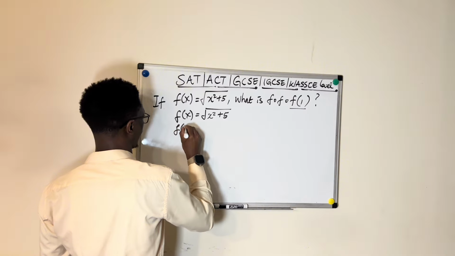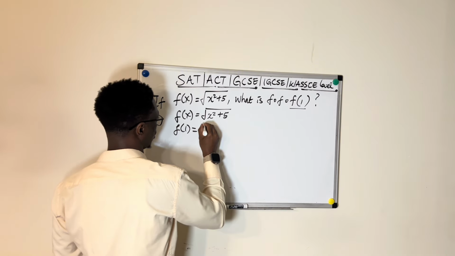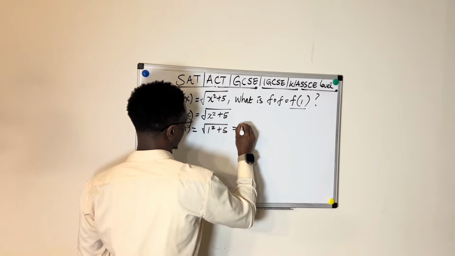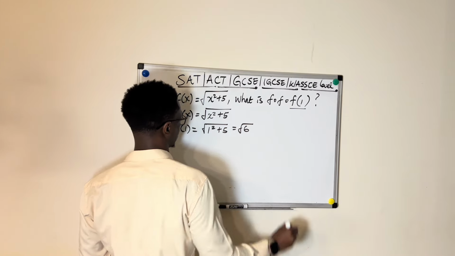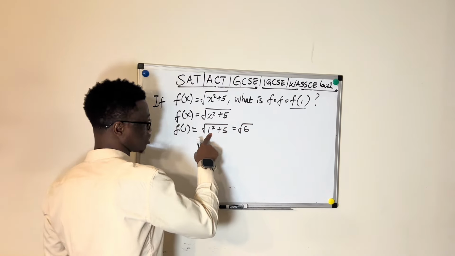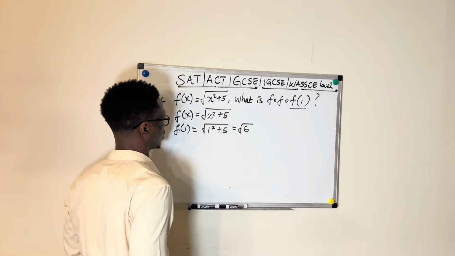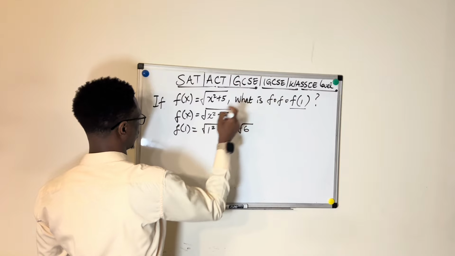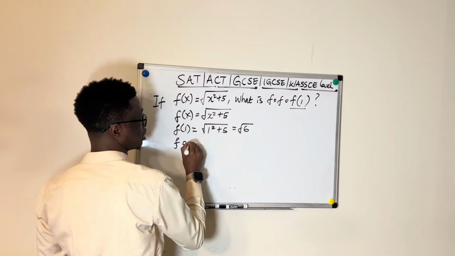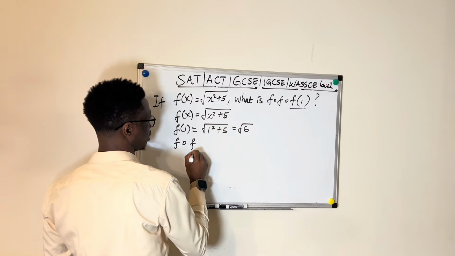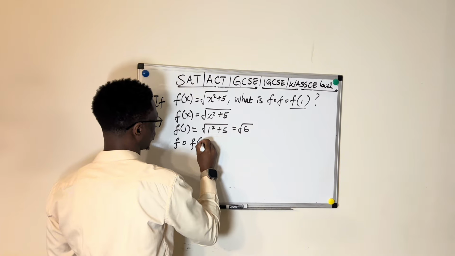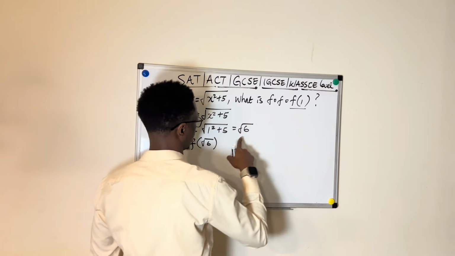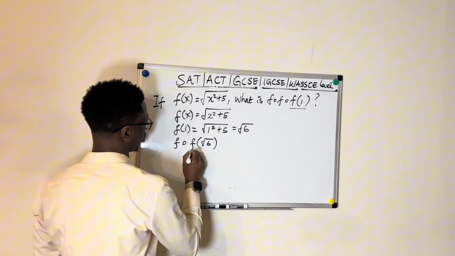So my f of 1 gives you root of 1 squared plus 5, which is just root 6. 1 squared is 1, plus 5 gives you 6. Now this function becomes f of f of root 6, because f of 1 is now root 6.